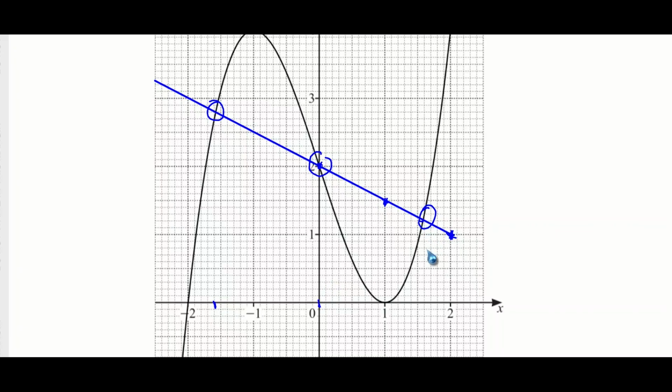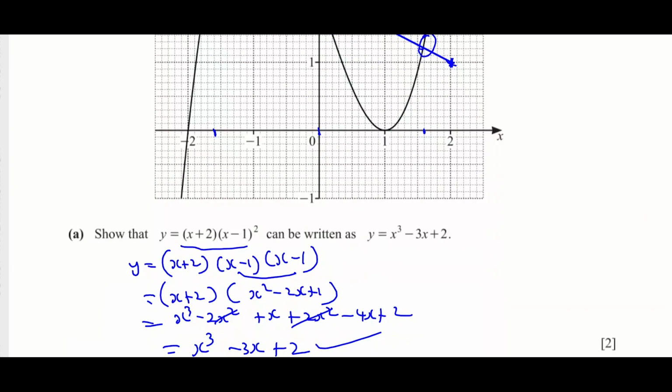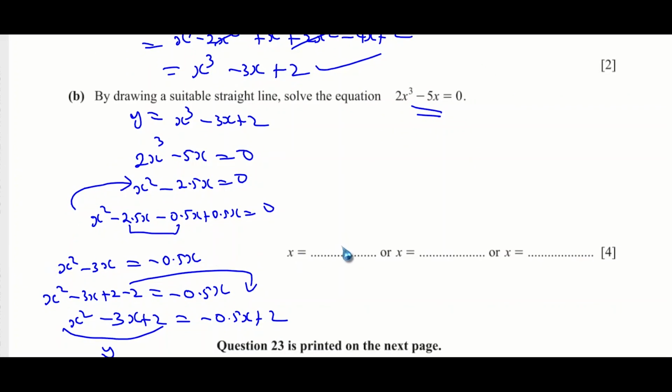The third one should be this. So I have x equals negative 1.6, x equals 0, and x equals 1.6.